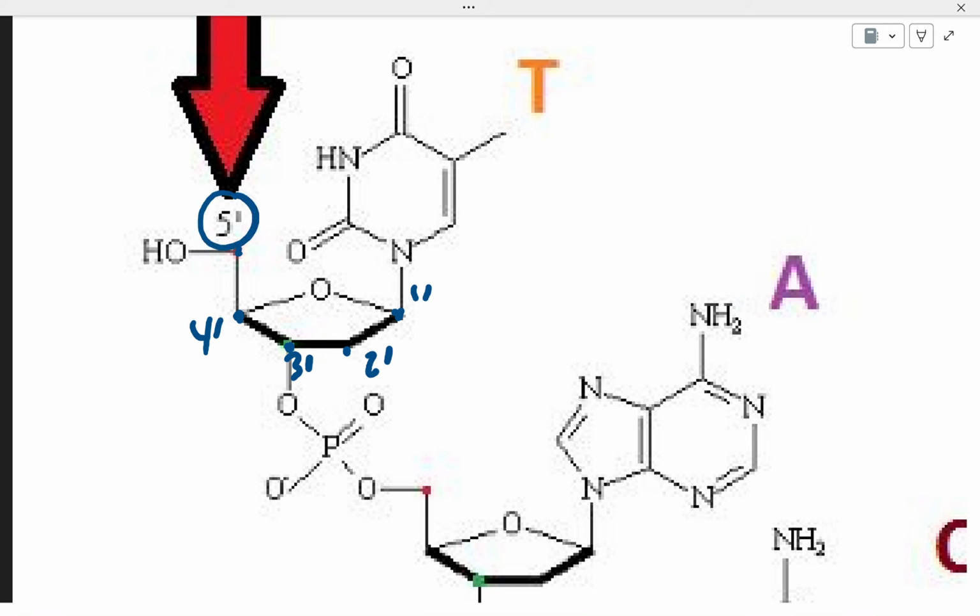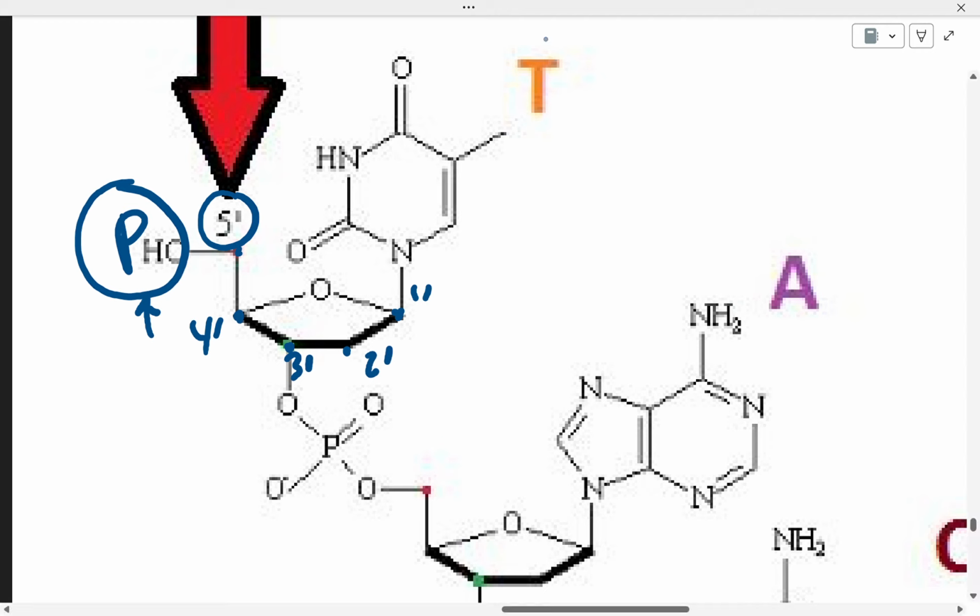So on this 5', sorry, it's not drawn in here, but this should have a phosphate attached to the end here. But anyways, the 5' end will be the one with the phosphate.